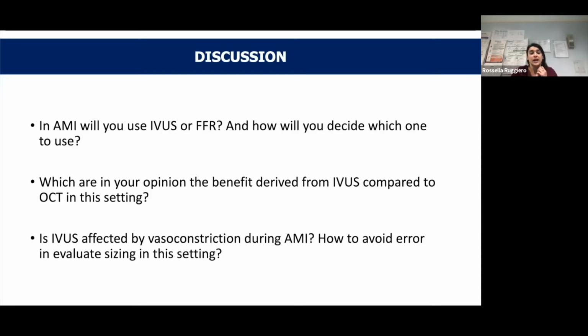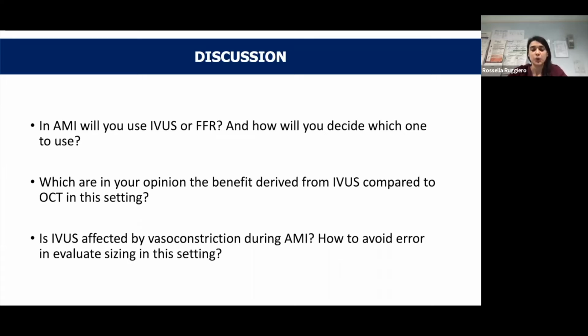So, in conclusion, I would like to start the discussion by asking the professor some simple questions, let's say. First of all, in the setting of acute myocardial infarction, which one do you prefer to use, the IVUS or FFR, and how do you decide which one to use in a particular patient?